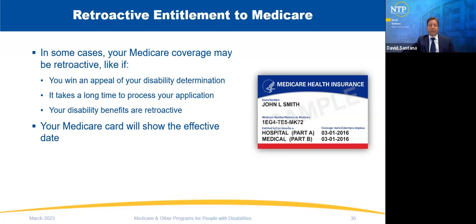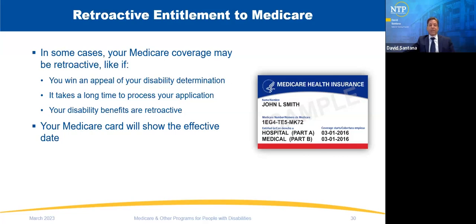For example, if the individual was originally denied and files an appeal, and it takes longer than 3 months to process, your disability benefits are usually retroactive to the onset date, the day that you allege that you became disabled.